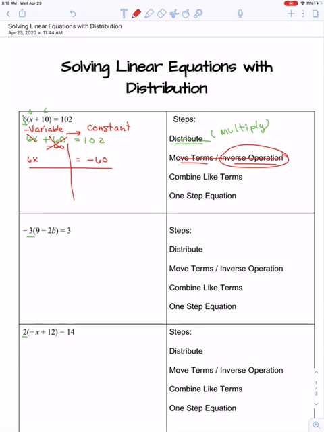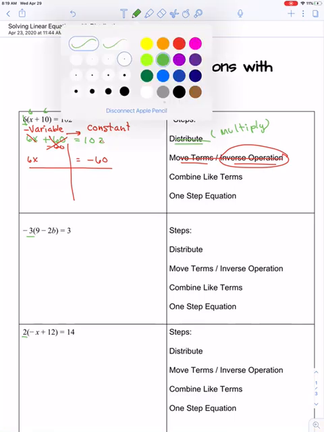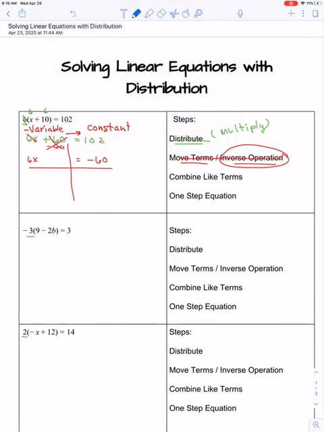Now we want to combine like terms. On my 6x side, that's all I have, so I leave it as 6x equals, and then I combine like terms. 102 minus 60 is going to give me 42. So now what I have is 6x equals 42. So I've combined my like terms. Now I have a one-step equation, 6x equals 42.